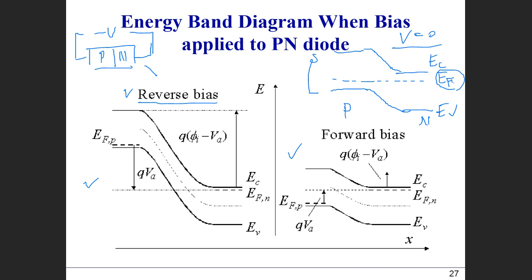That is the condition we call the reverse bias. Now let's look at thermal equilibrium. There is no bias. We know that the energy band diagram will follow this figure here.